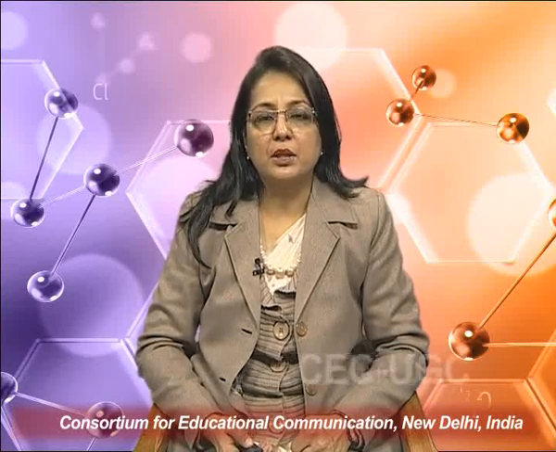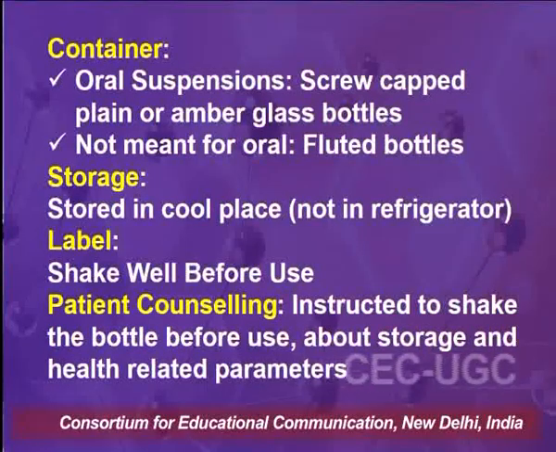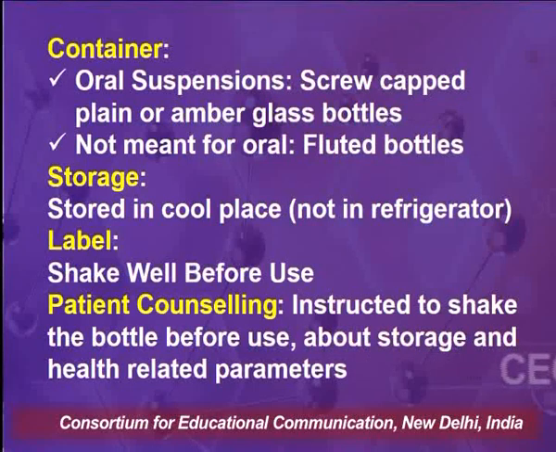Talking about the container to be selected for a suspension dosage form, if it is for oral use, then the suspension formulation should be packed in a screw capped bottle or an amber glass bottle.